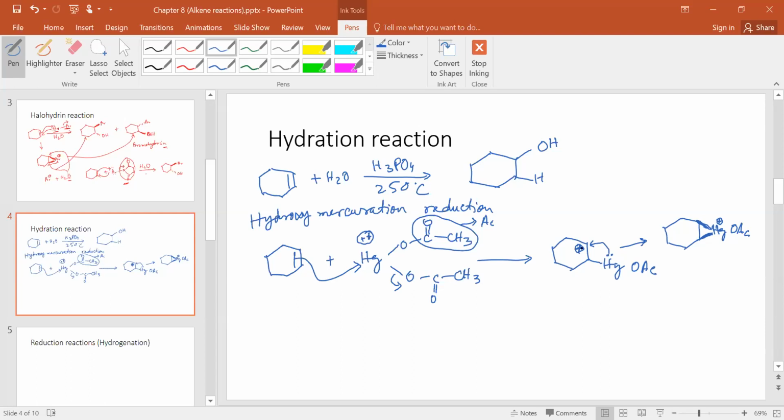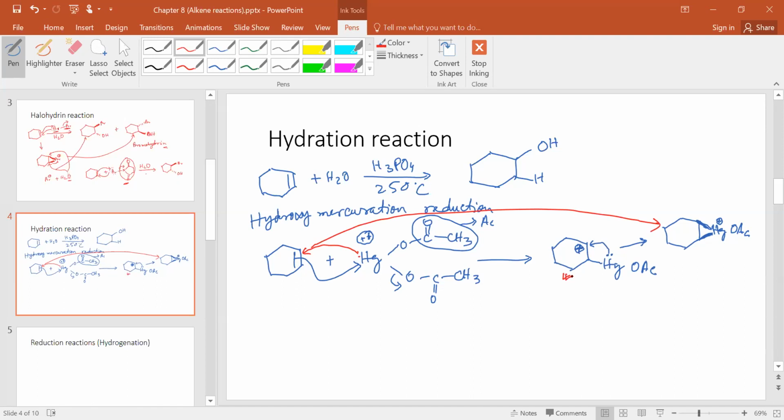This one you can write the same as bromine directly from this in one step. I just wrote this one to make you understand.